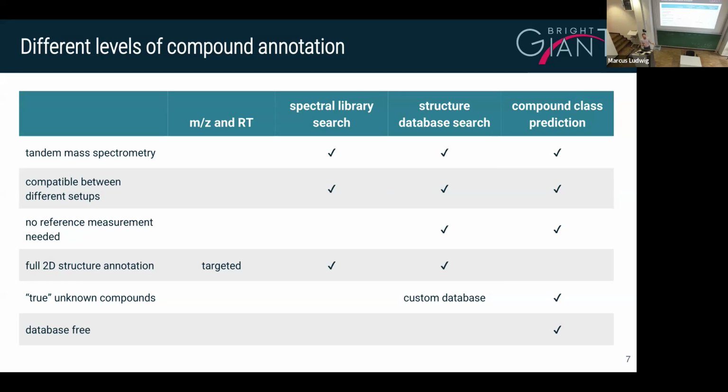Is it a glucoside? This doesn't give you a full structure, but it has the big advantage that it's completely database free. So if you are looking for completely novel molecules, you can still get valuable information by getting compound classes and not having it in a database.